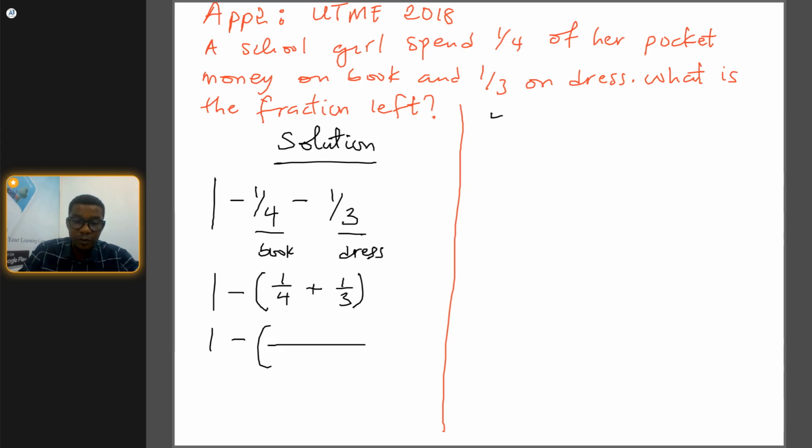The denominators, 4 and 3. The LCM should be 12.